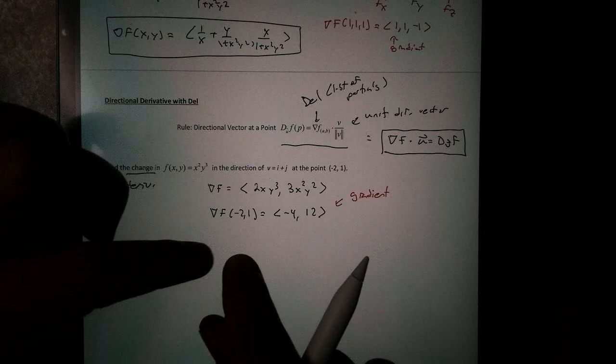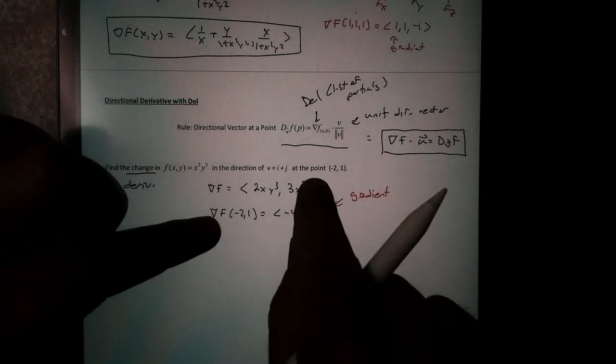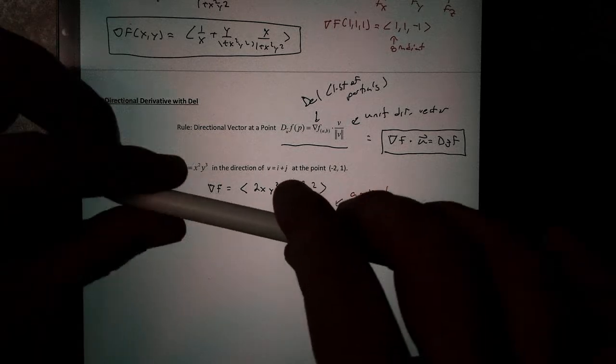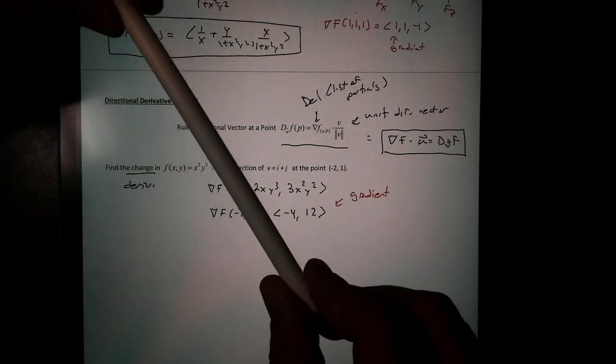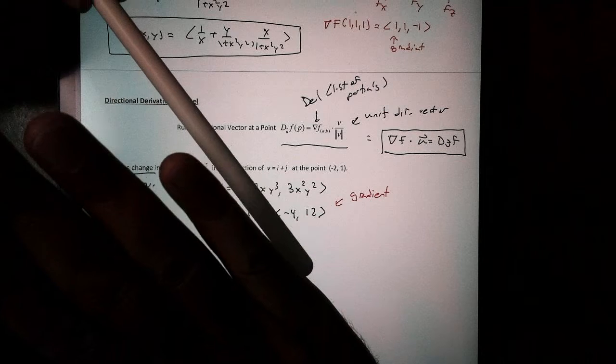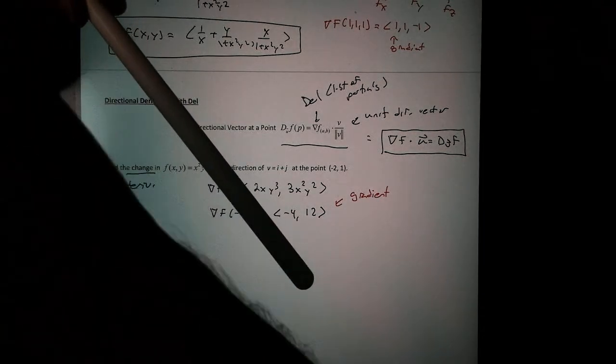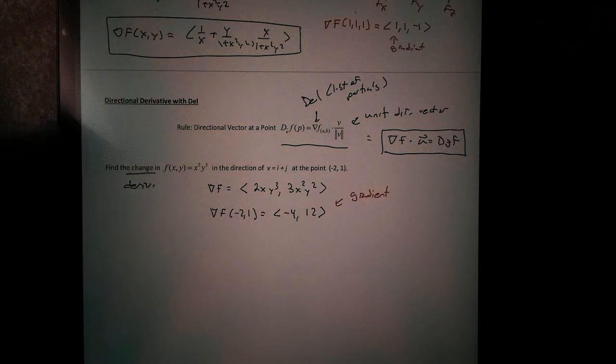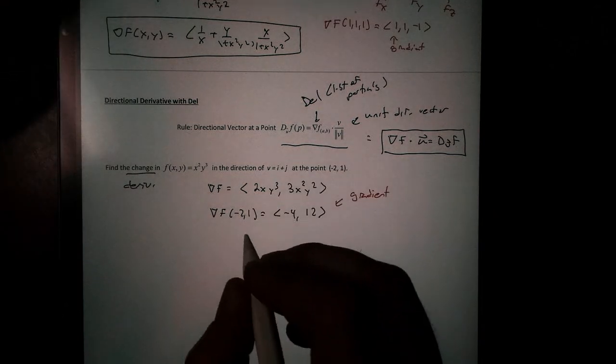So basically what this says, if I head in the direction negative 4, 12, it's going to give me the direction of maximum increase on that slope.